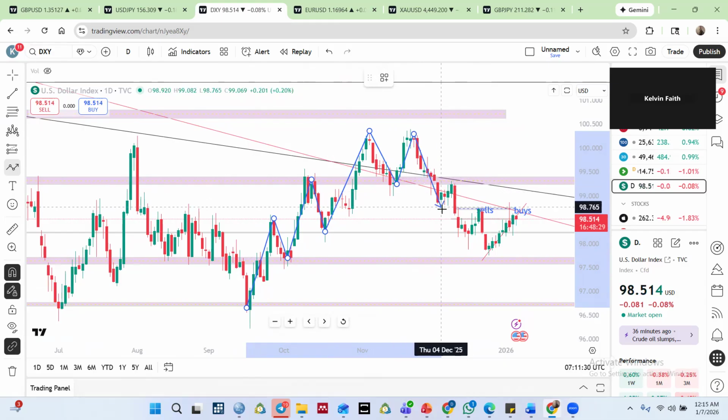We see a crash, and then we see a retest, a lower high forms. Then we see a lower low, lower high, a lower low, and we see a relative equal lower high.